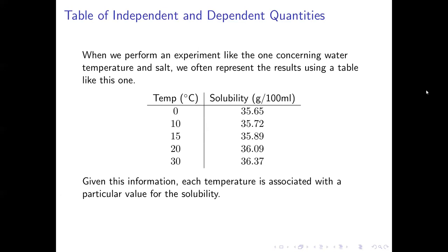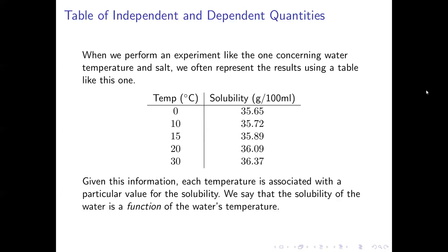And notice here in this table that for each temperature, there is a particular value for the solubility, right? So if the temperature of your water is 10 degrees Celsius, for example, that gives you a solubility of 35.72. And the arrangement in the table makes that easy to see. So what we can say here is that the solubility is a function of the temperature.